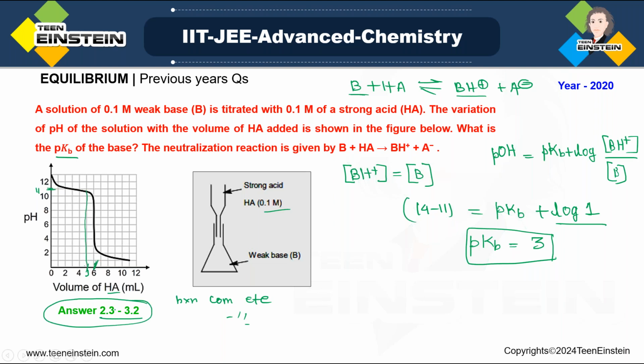So this is the answer for pKb. And why have we chosen the half equivalence point? Because only at the half equivalence point can you use the buffer concept, the Henderson-Hasselbalch equation. That is the reason we have considered the half equivalence point, and that is why this graph is required. Without this graph, we cannot solve this.